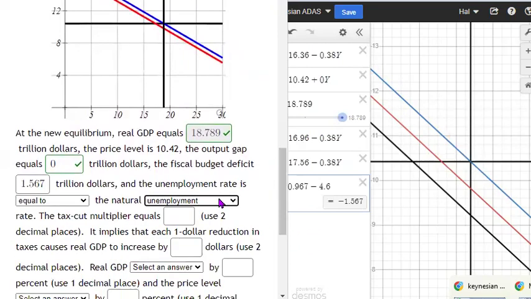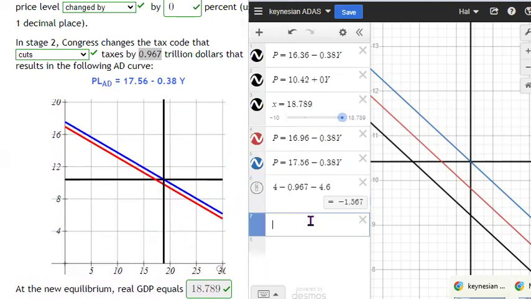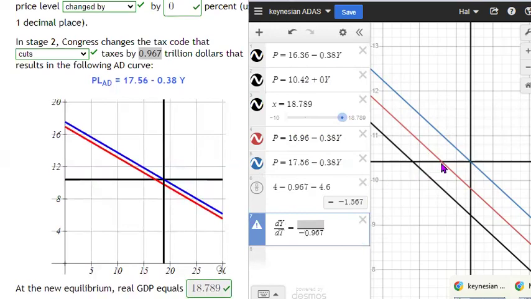Now, what about the tax cut multiplier? Taxes were cut by 0.967, right? So when you look at the tax cut multiplier, it's the change in GDP over the change in taxes. We cut taxes by 0.967. What happened to GDP?